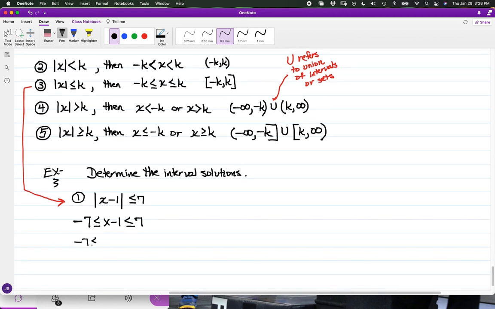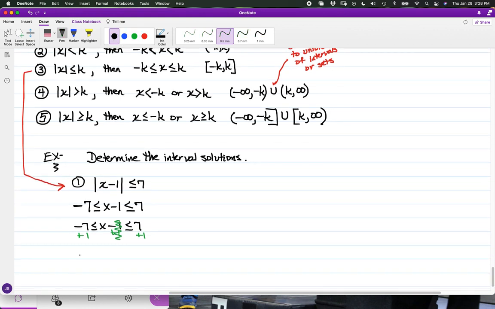And again, I'm still looking at solving for x. So to get x by itself, what I'm going to do is add 1 to all sections of this compound inequality. So we have negative 7 plus 1, which is going to be negative 6.